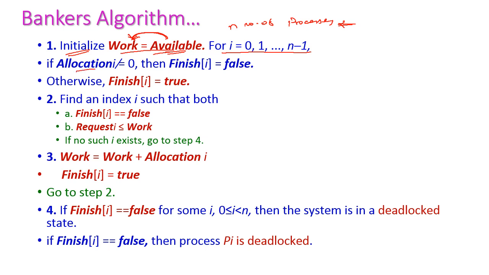Now, if allocation of i is not equal to 0, then finish of i equals false.